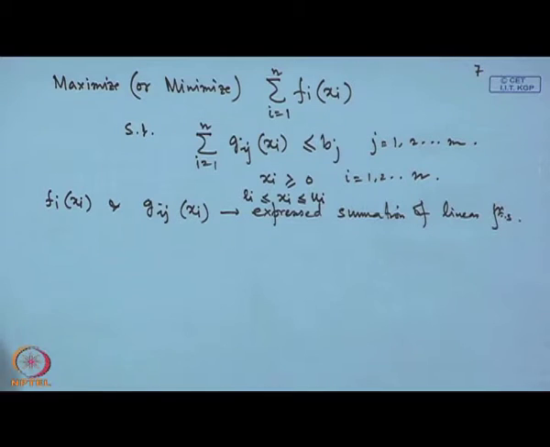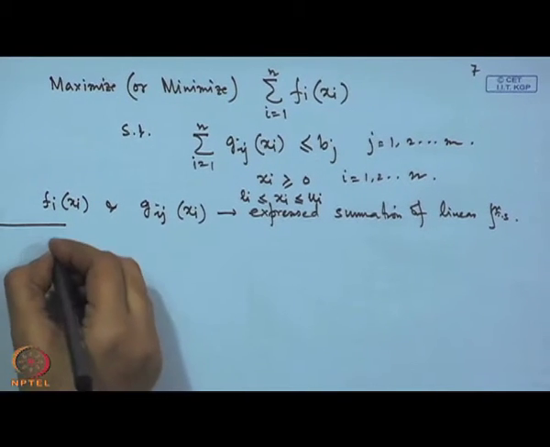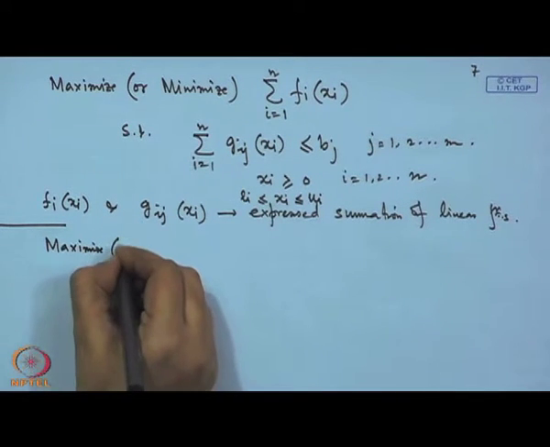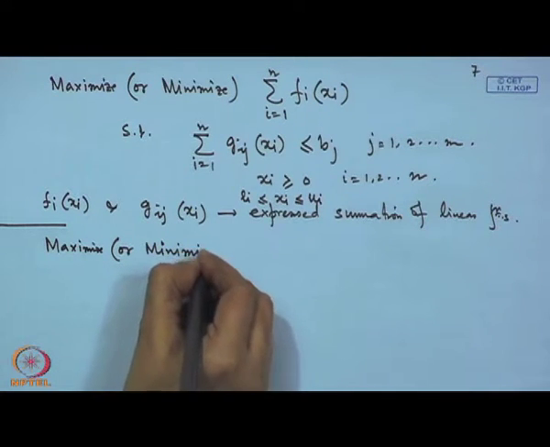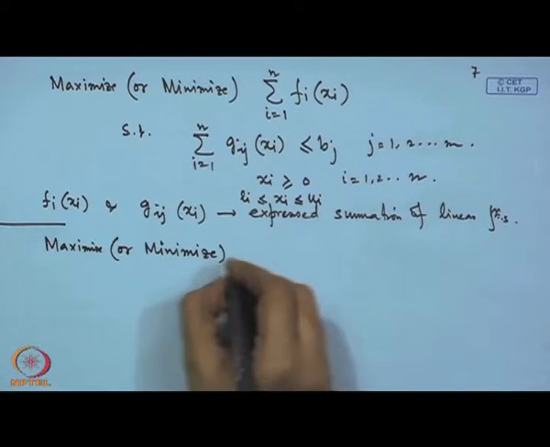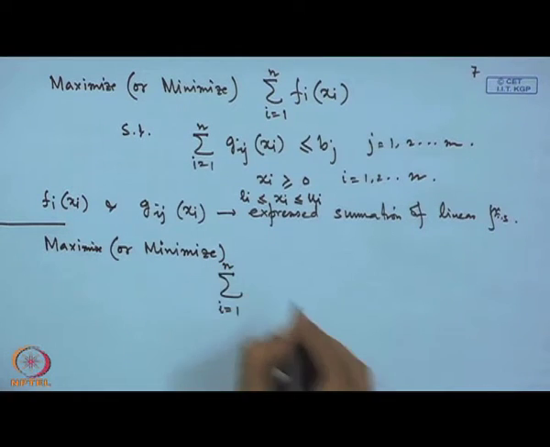Now, this can be written nicely in this fashion, that is maximize or minimize summation i equal to 1 to n.